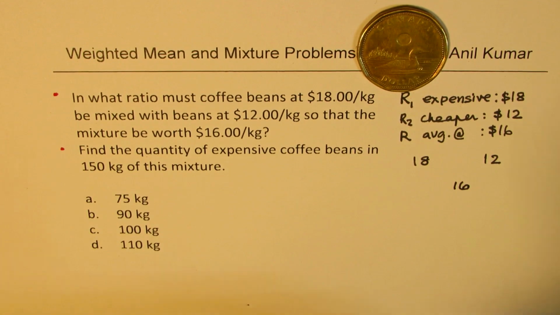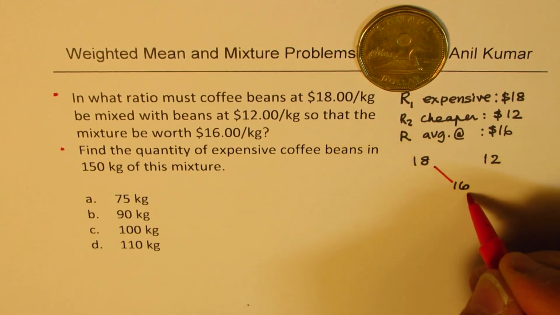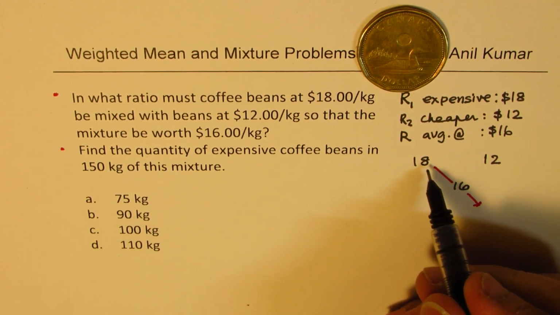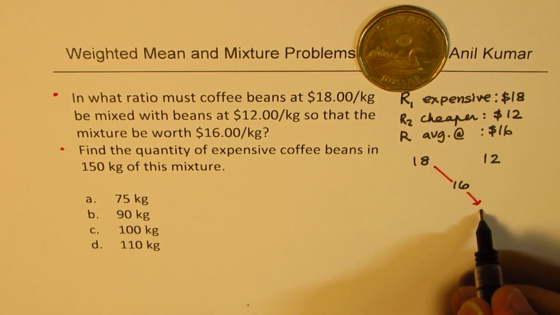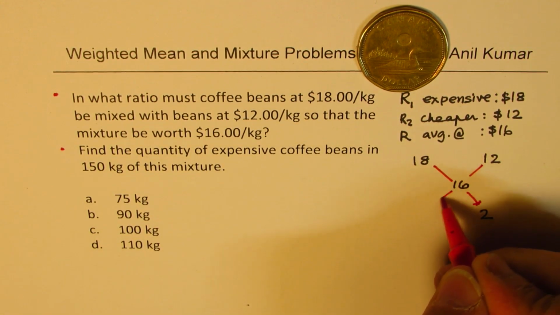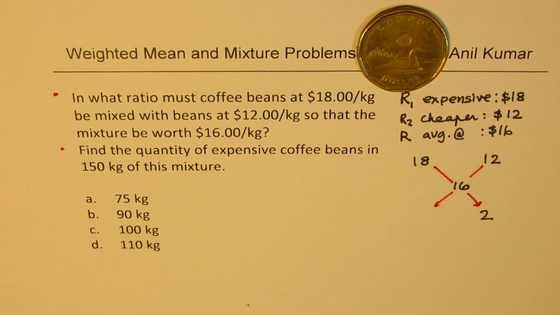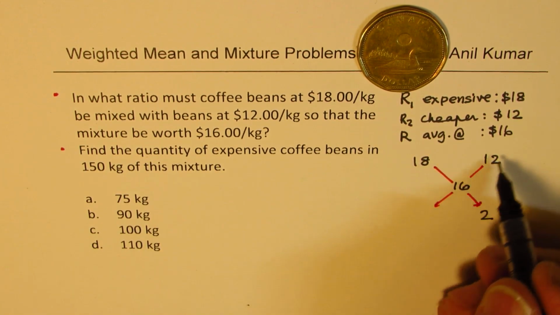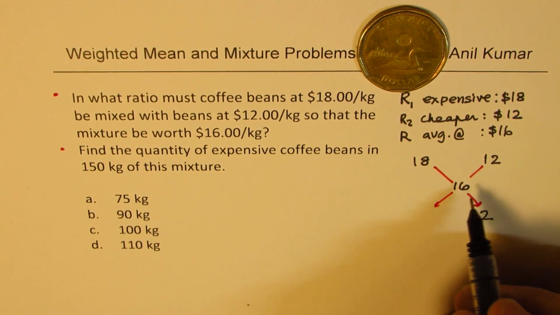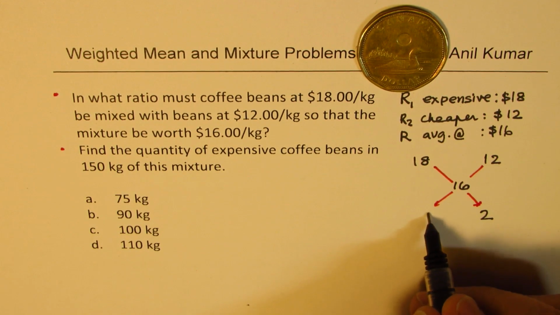What you do here is you find the differences. 18 is a bigger number, so 18 minus 16 will give you 2. On the other hand, the difference between the other two: 16 minus 12. Quantities are always positive, so even if you do it the other way, you have to write a positive number. So remember that. 16 minus 12 is 4.